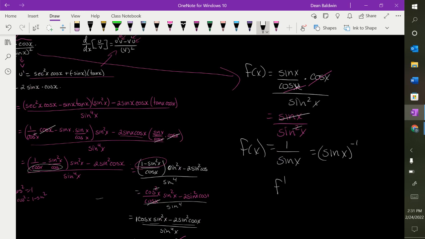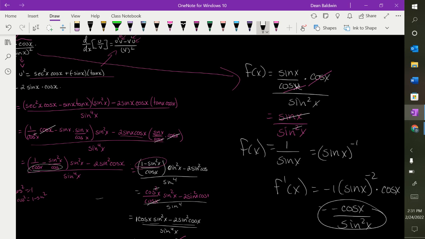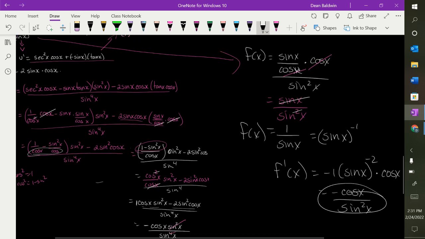I can use my chain rule, drop the negative 1 down, take 1 away, so I get negative 2 times the inside derivative. Derivative of sine is cosine. I'm going to drop the sine down because it's a negative exponent, so I get negative cos of x over sine squared of x.